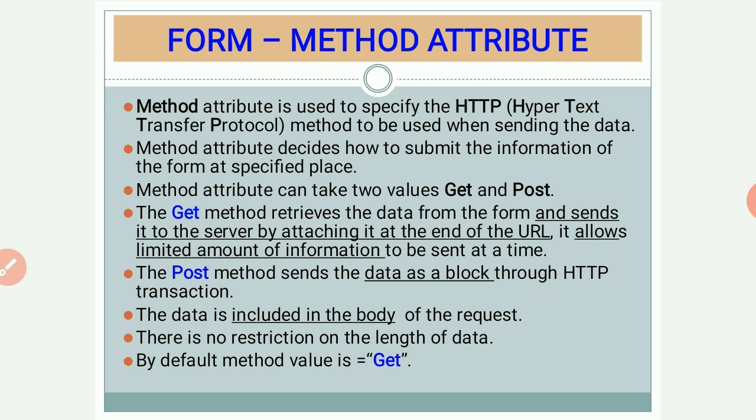Here the type attribute specifies the field to be created in the form. Now as we have discussed above, we can insert radio button, checkbox, text field, password, submit and reset button in our form. So type can be any one out of these. The second attribute of the input element or input tag is name.